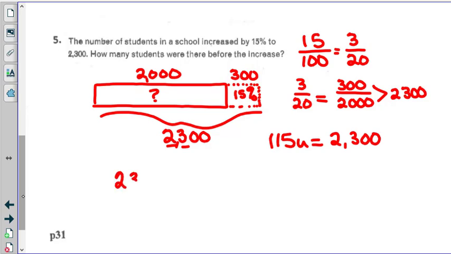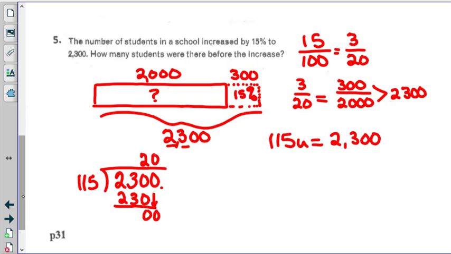Oh, that's not as nice. 2,300 divided by 115. Well, that would go in there 2 times. Oh, that's not bad. 2 times 115, that's 230. Well, I'd get nothing left, but my decimal's there. So I'd have to say that it goes in there 0 times. So I would get 1 unit is 20.